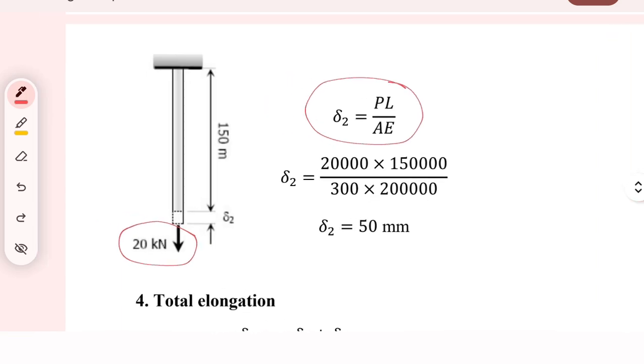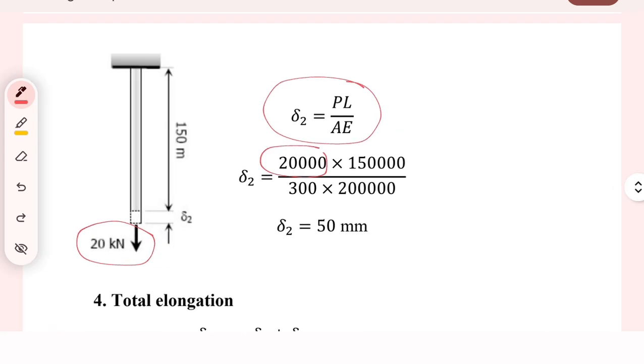Memorize that one. P is 20, or now it's 20,000 Newton. The length now is 150. It's not 75 anymore. It's the whole length that is elongated by P. And A is known, E is known. Then we will have elongation number 2, 50 millimeters.